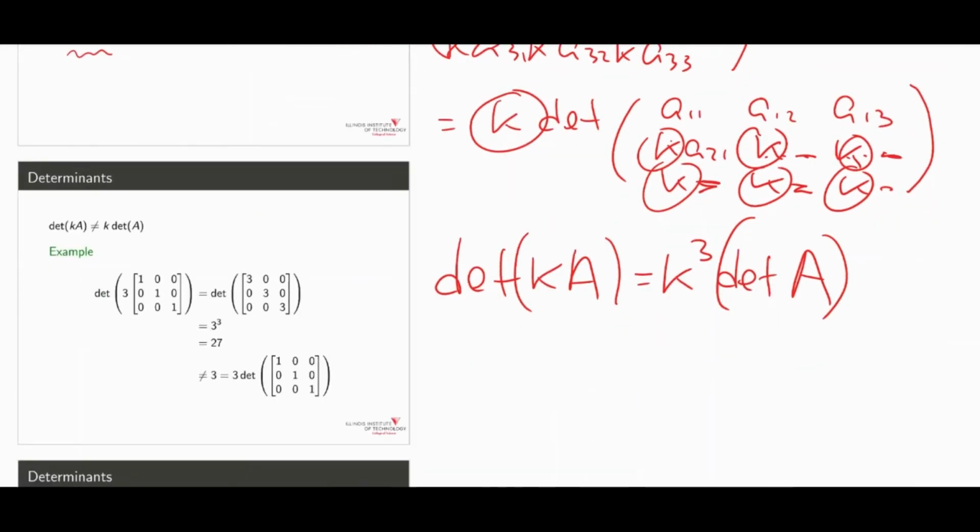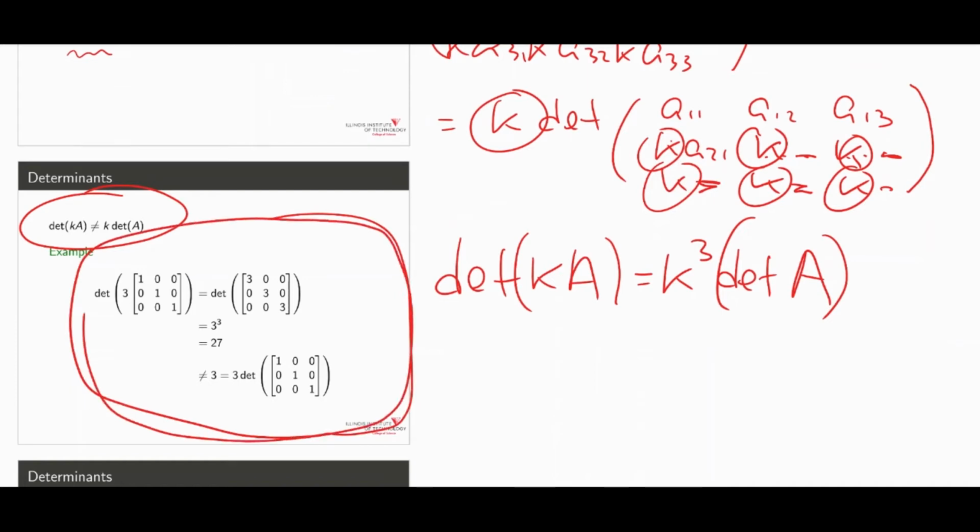All right, so in general, this is not true. If I can show you an example, the determinant of 3 times the identity matrix is not 3 times the determinant of the identity matrix, but is 3 to the power of 3 times the determinant of the identity matrix.